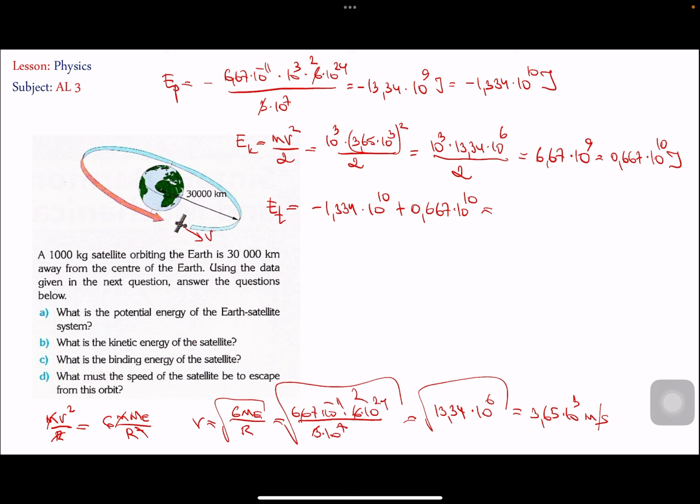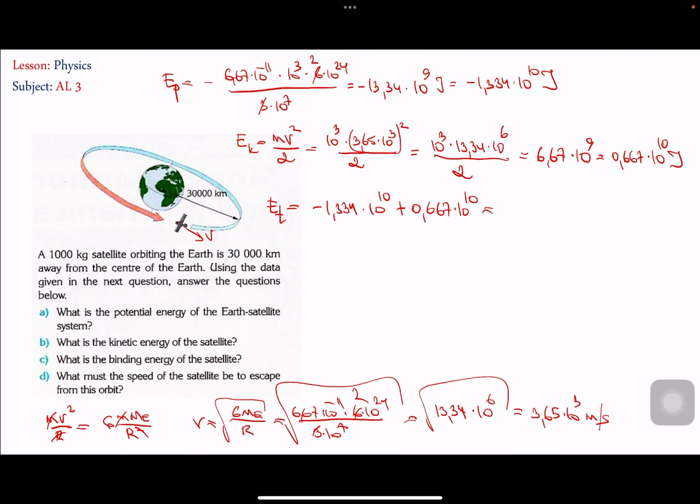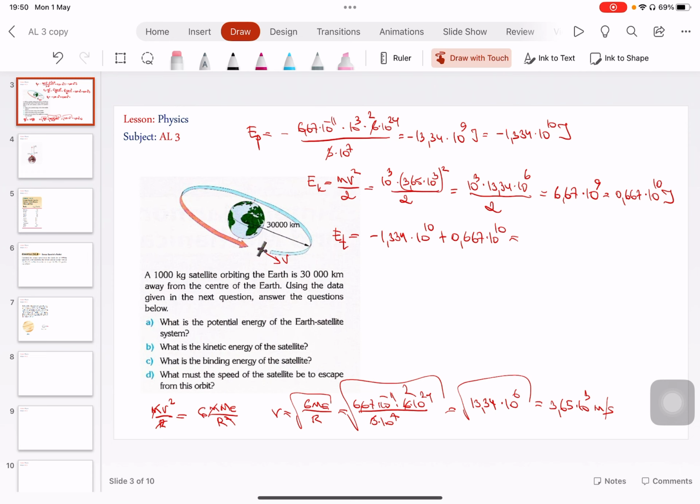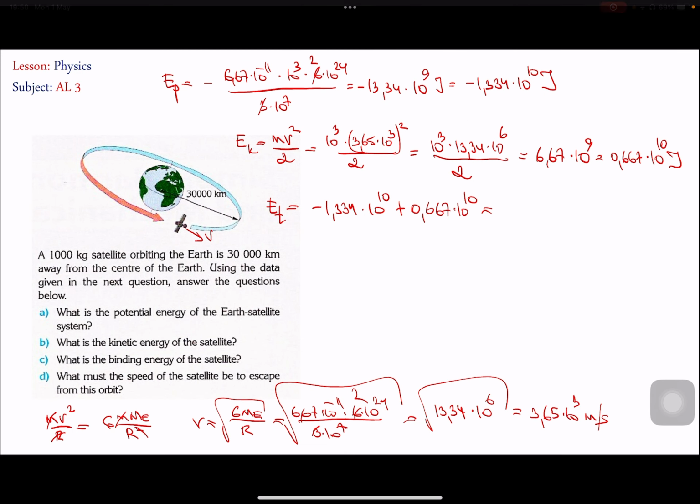The powers are the same, so I will deal with the numbers only: 1.334 minus 0.667. That will be the same number as the kinetic energy, but with the minus sign. So minus 0.667 times 10 to the power of 10 joules.